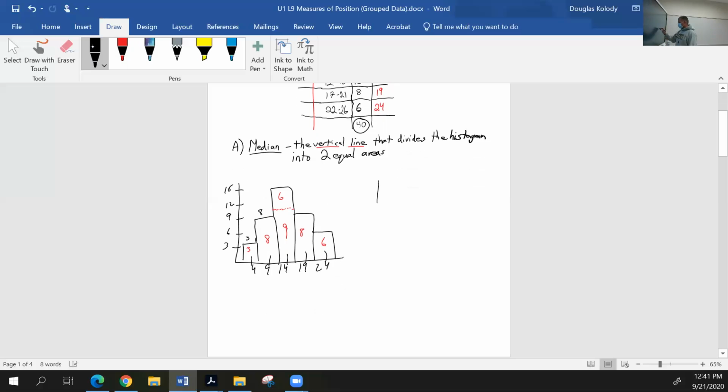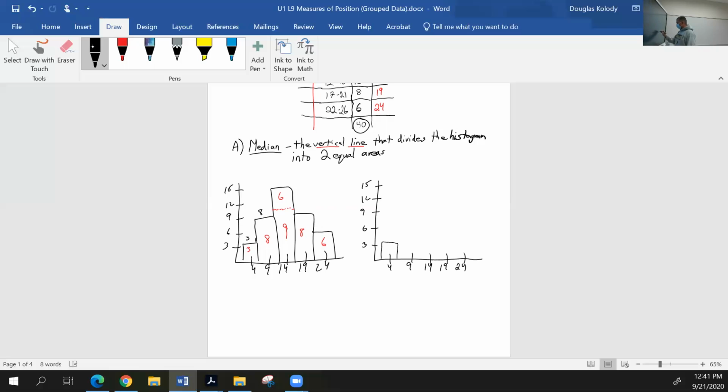And yes, if we were in class, we'd do the same annoying thing where we'd draw this histogram all over again. 3, 4, 5, 4, 9, 14, 19, 24, 3, 6, 9, 12, 15. This goes quickly because I have already drawn it once.